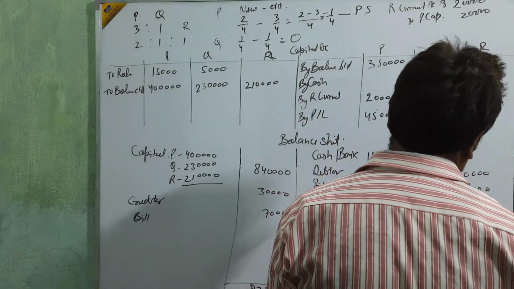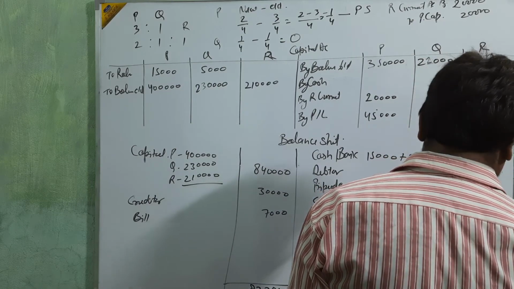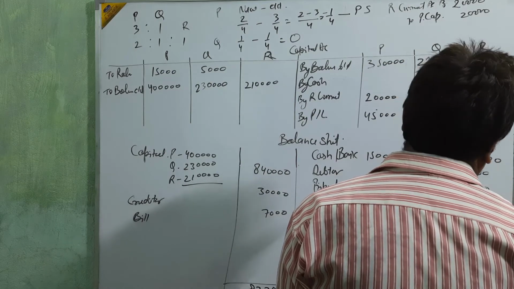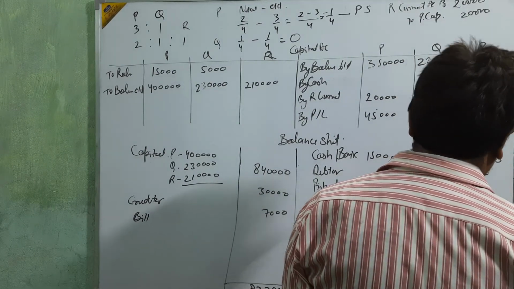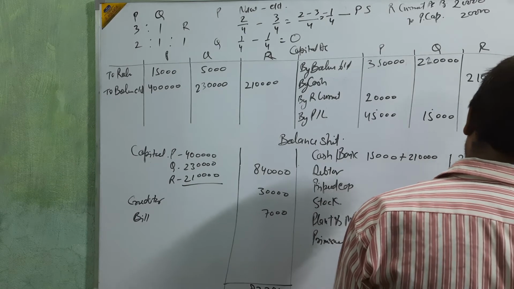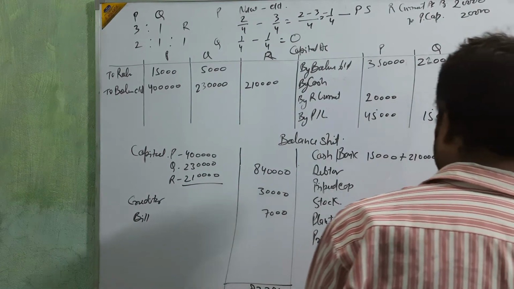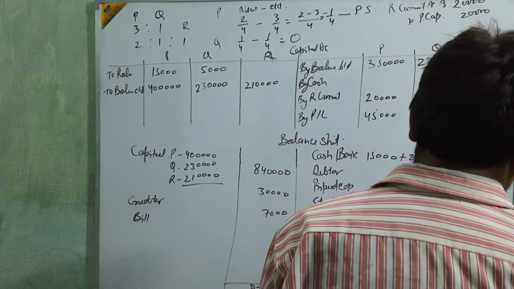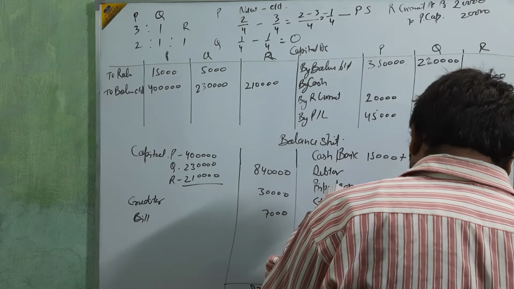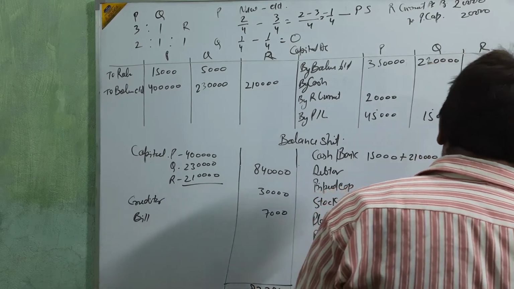And 20,000 is C's capital, C's current account.